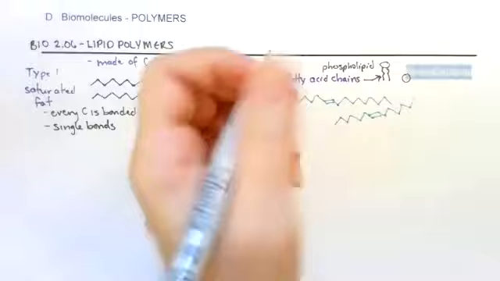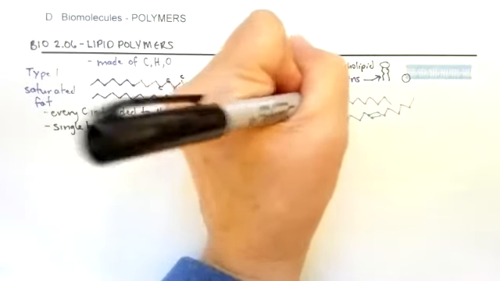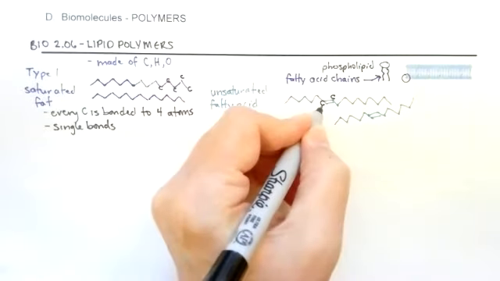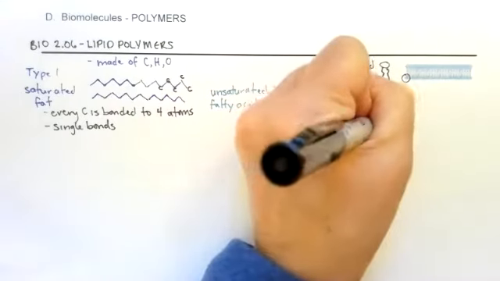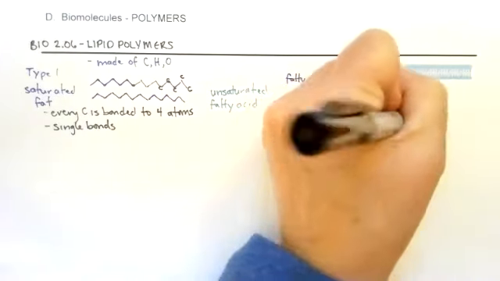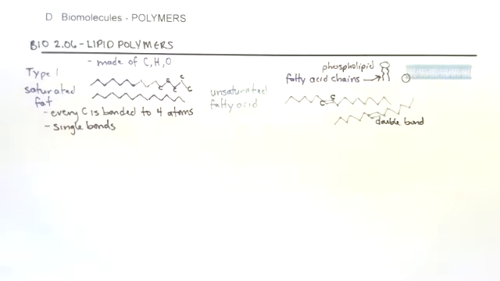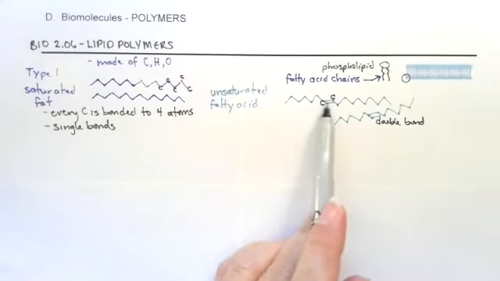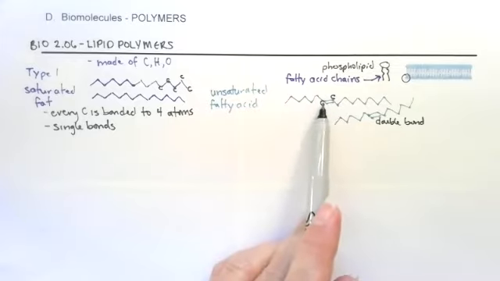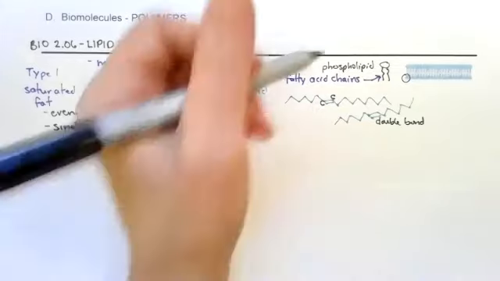In an unsaturated fat, if you look at this carbon and this carbon, this is called a double bond. And that means that this carbon is only bonded to three other atoms, because it would have a hydrogen coming off.